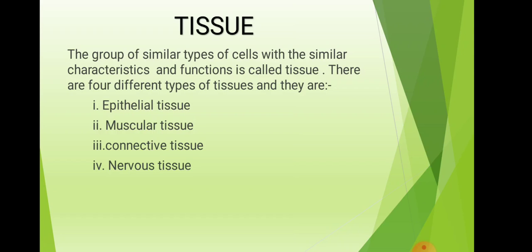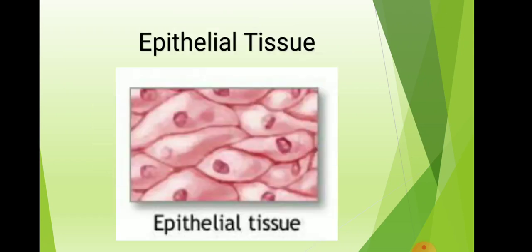There are 4 different types of tissue found in our body: epithelial tissue, muscular tissue, connective tissue and nervous tissue. Epithelial tissue is found in the outer parts of our body.